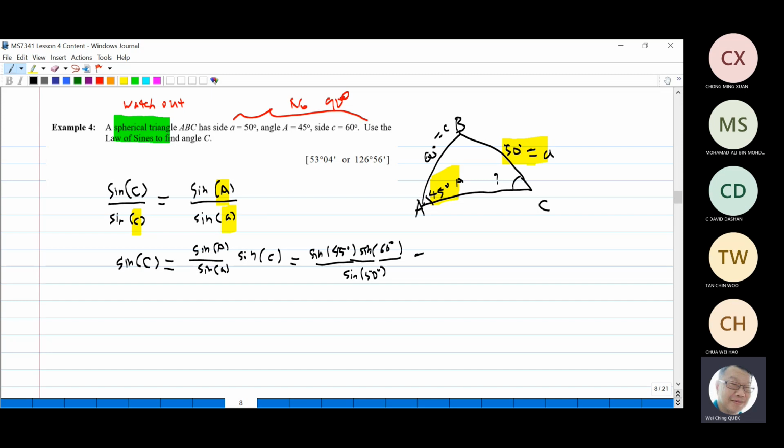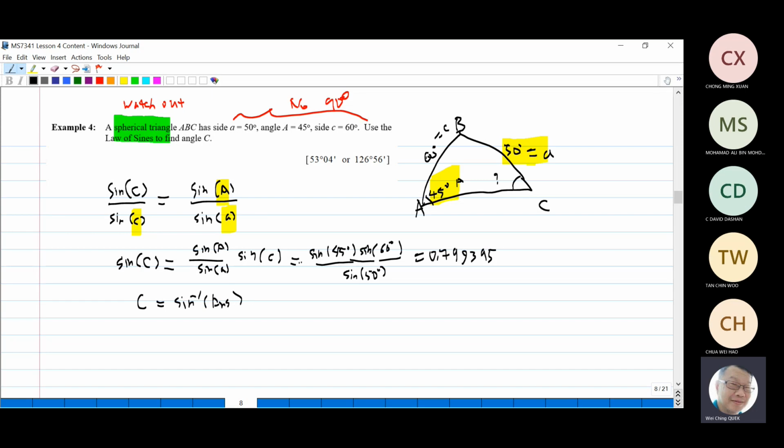This is 0.9797993595. So angle C is the sine inverse of this answer.